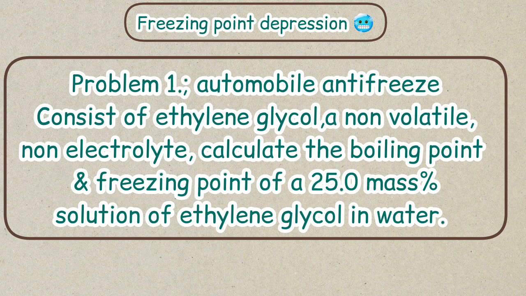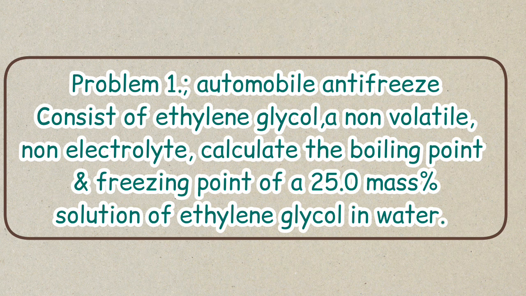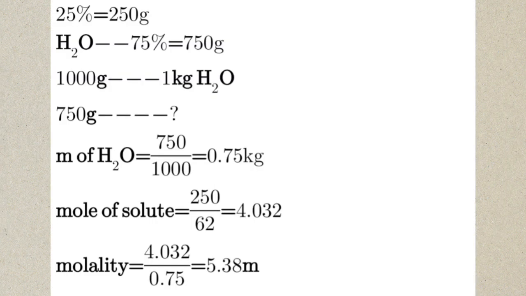Let's take a look at this problem. It says automobile antifreeze consists of ethylene glycol, which is a non-electrolyte. So that means our i will be equal to 1, without thinking too far. It says calculate the boiling point and freezing point of a 25 mass percent solution of ethylene glycol in water, which means out of 1000 grams, the 25% for ethylene glycol is equivalent to 250 grams.